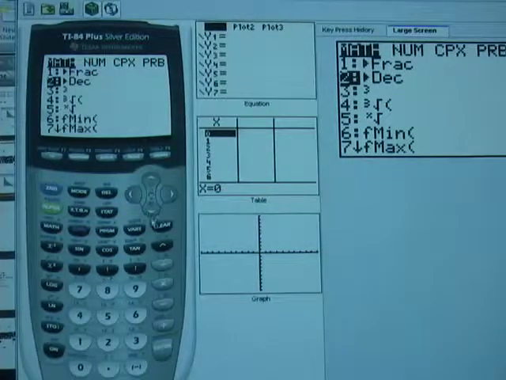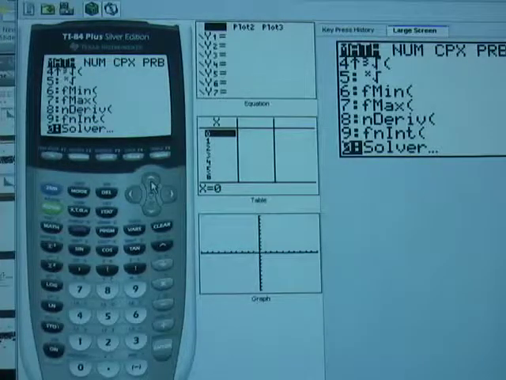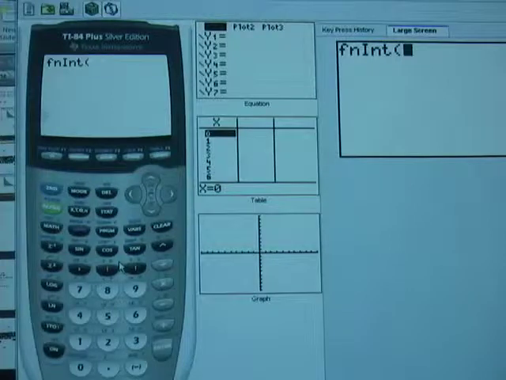Well, I've gone past it. Again, I need to go to number 9, definite integral. Enter there. We need to find the definite integral of what? x squared minus x cubed with respect to x.